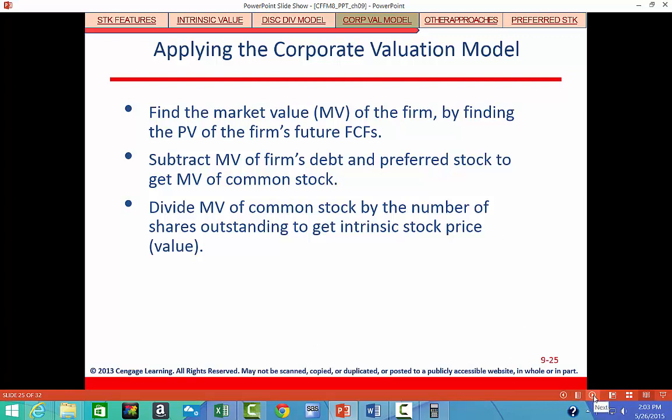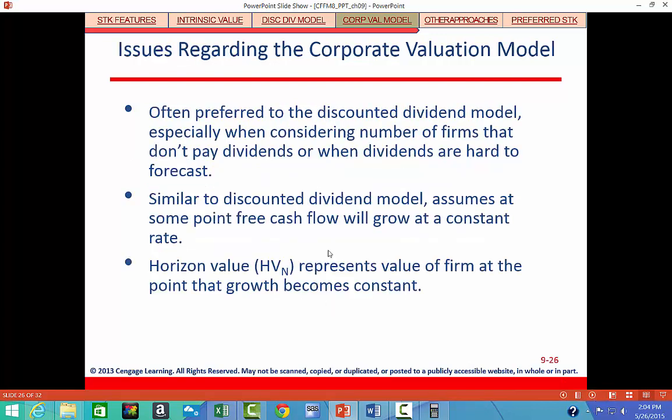And then we could compare that to the stock price in the market and make a decision if it's undervalued or overvalued. So this model, like I mentioned before, is great for firms that don't pay dividends, or just even as a backup measure to calculate intrinsic value, or if dividends are hard to forecast for the company.